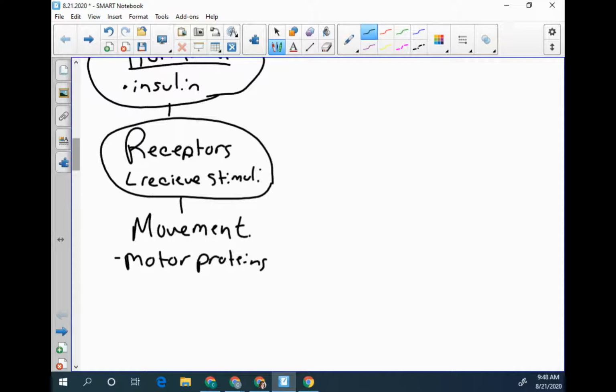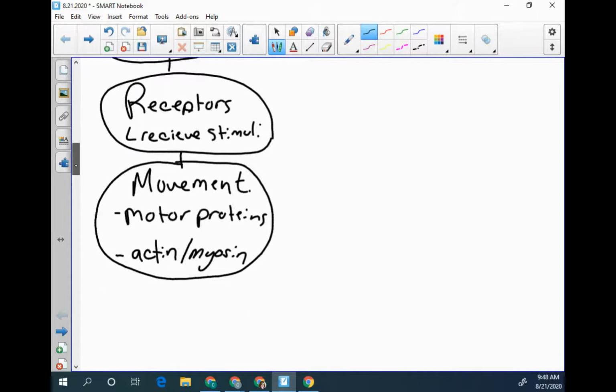So motor proteins, also actin and myosin. Actin and myosin are the proteins in your muscles that allow muscle contraction to happen. So all your muscle movements are due to actin and myosin. So those are some pretty important proteins.